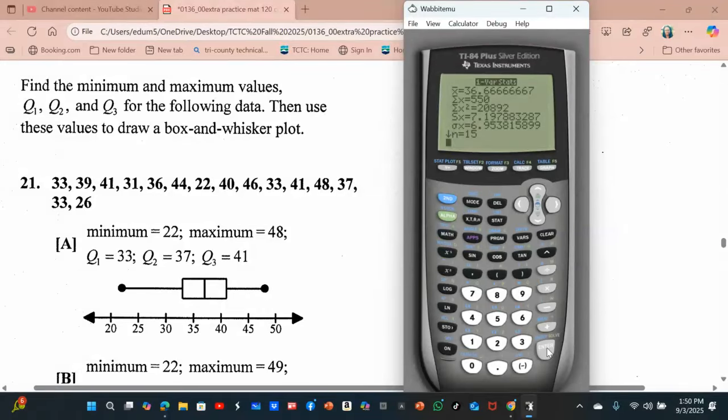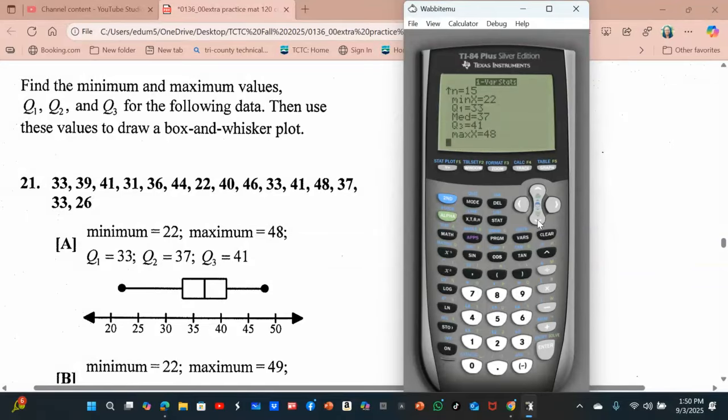All right, so the 5-number summary here: the minimum number is 22, first quartile 33, the median is 37, third quartile is 41, maximum number is 48.